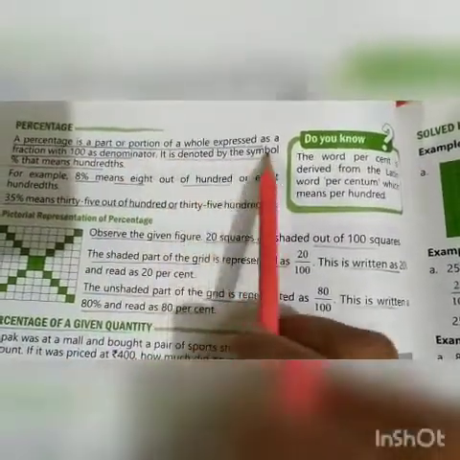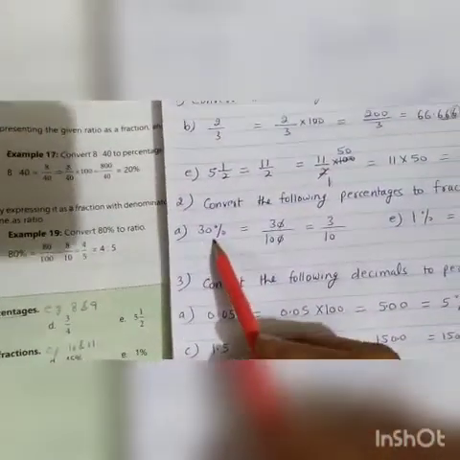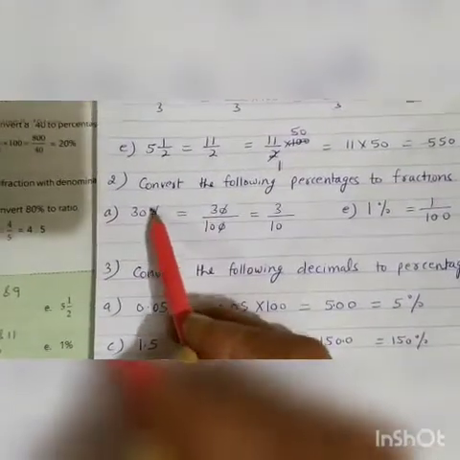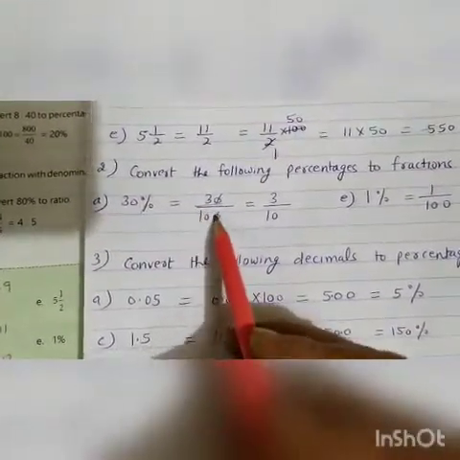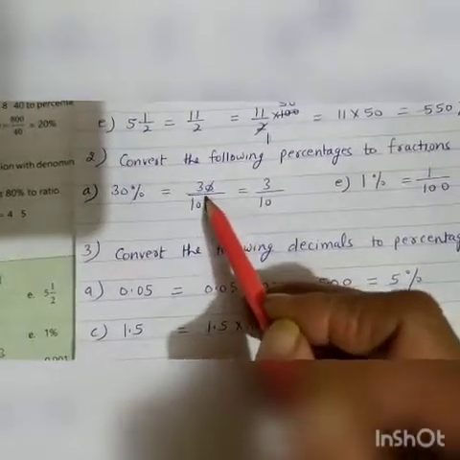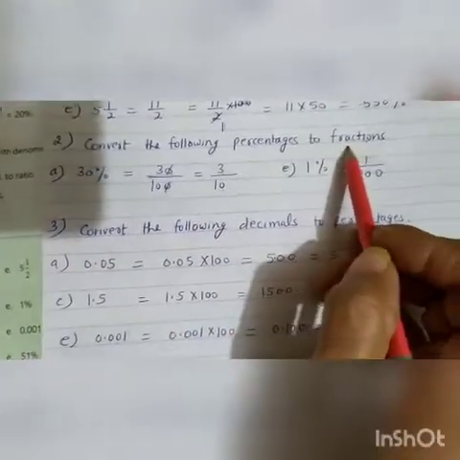It is denoted by the symbol percent, that means hundredth. So when we write this 30% as a fraction, 30 and the percent sign means out of 100. So we will write it as 30 upon 100. Cancel the zeros. Then it is 3 upon 10, which is the fraction form.